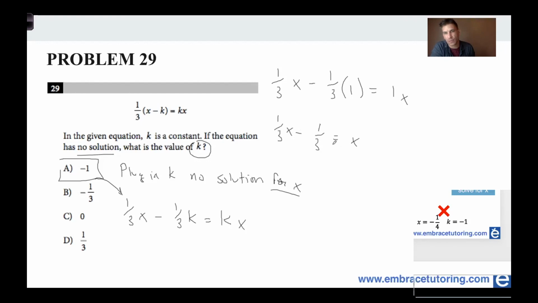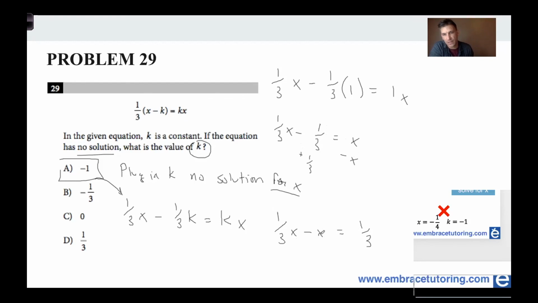Actually, let's subtract. I'll subtract x and I'll add the 1/3 to the other side. So then I get my 1/3 x minus x equals a positive 1/3. I'm basically just switching sides.